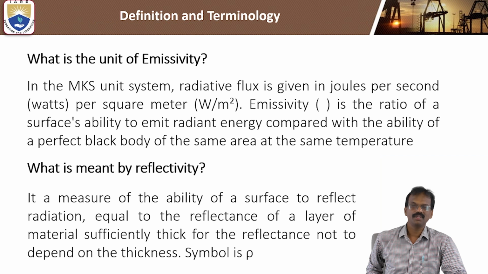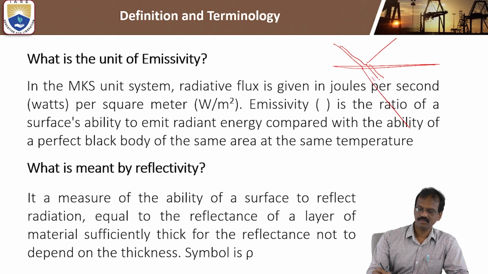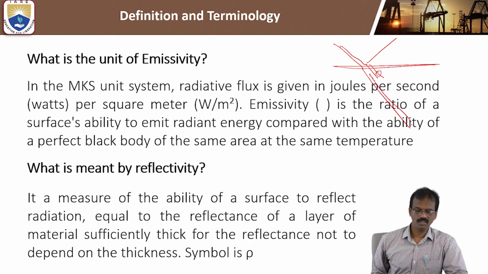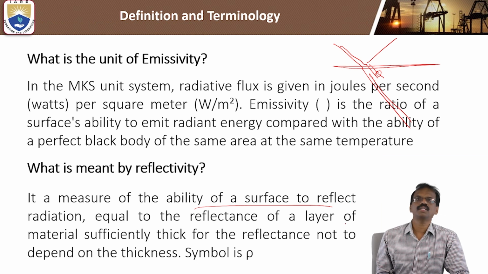Next, what is meant by reflectivity? Suppose this is the impinging ray. Some portion will be reflected, some portion will be absorbed, some portion will be transmitted. Reflectivity means the ability of a surface to reflect radiation.